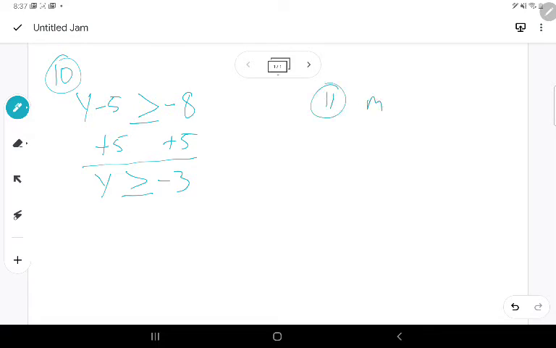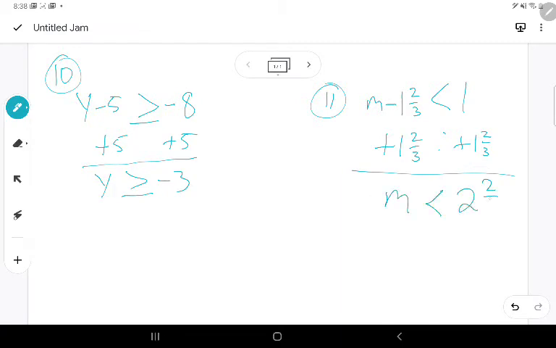All right, number 11. We have m minus 1 2/3 is less than 1. Again, all I have to do is add 1 2/3 to both sides. And that's going to give me m is less than 2 2/3. And that's it. That's the answer. Okay?